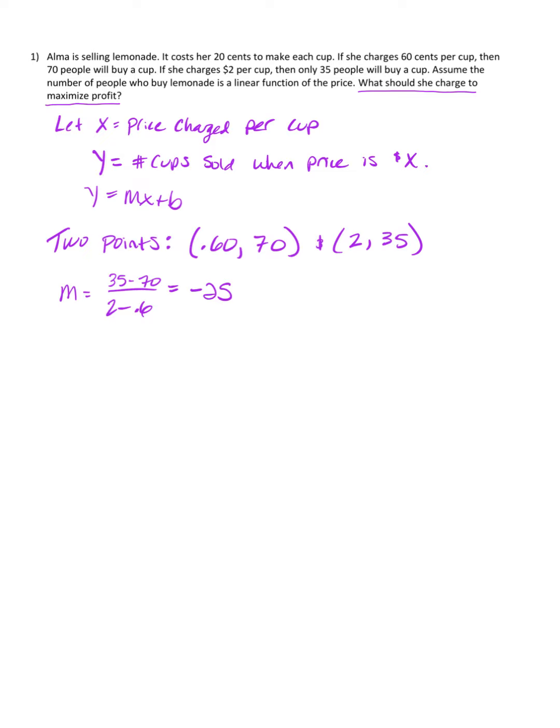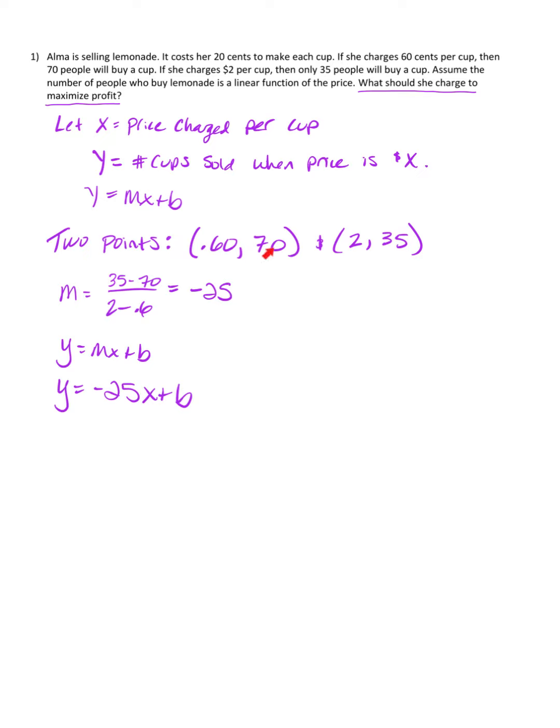Okay, so now I can write y equals mx plus b, and I now know what m is: negative 25x plus b. The next thing I need to find is b, and in general, when you're in this situation, you can use one of the points that you know. This is an x coordinate, this is a y coordinate, so plug this in for x, plug this in for y.